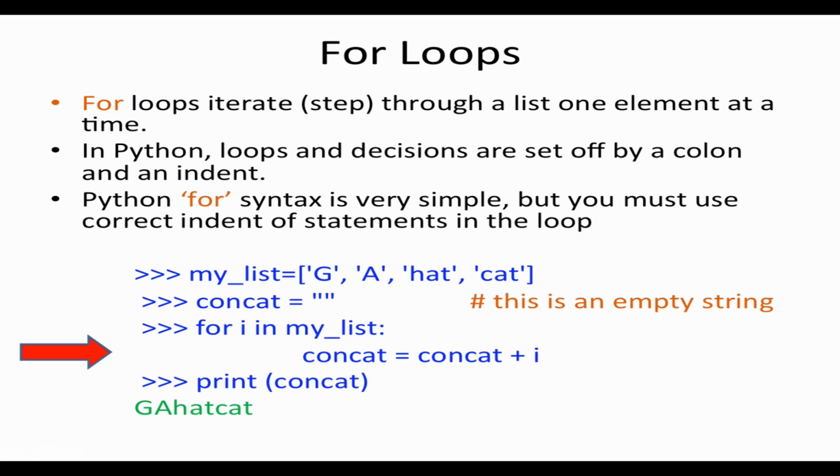Okay, the for syntax is very simple, but the indentation is actually really important. And working with PowerPoint is not the ideal way to show this stuff. Python recommends that you indent 4 spaces. And the one thing that is super important is that it has to be consistent.